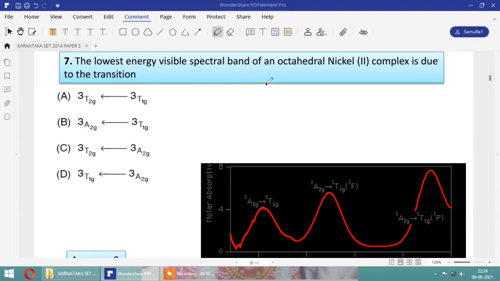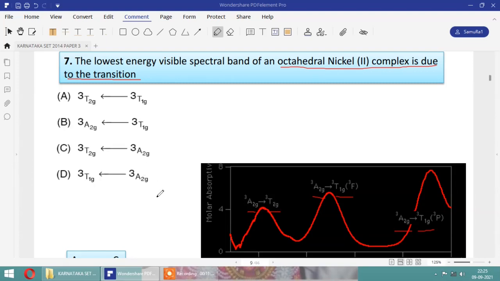The lowest visible spectral band in an octahedral nickel 2 complex is due to which transition. You see, in this octahedral nickel 2 complex, there are 3 bands. One band is from A2g triplet to T2g triplet, another is A2g triplet to T1g triplet, and the third band is A2g to T1g triplet.